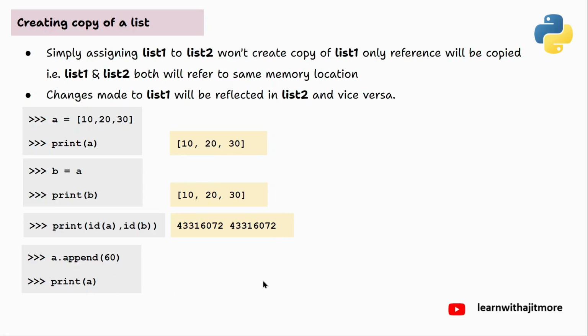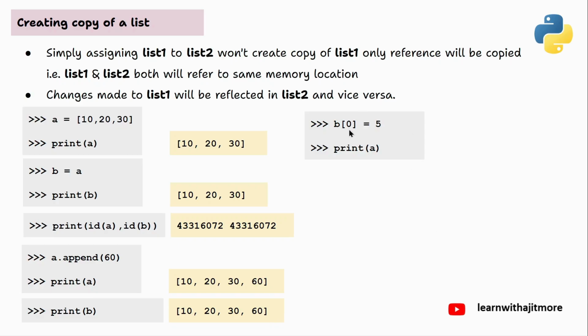See, a dot append 60: 60 will show in A, but if you print B and see, it also has 60. Now I am doing B of 0 equal to 5. Can we modify elements in the list in this way? Yes, we have studied, guys. Don't forget the past. B of 0 equal to 5. So what is at the 0th place? 10 is becoming 5.